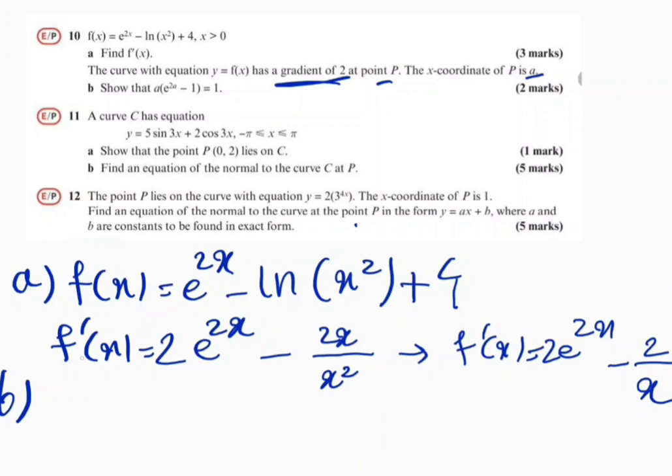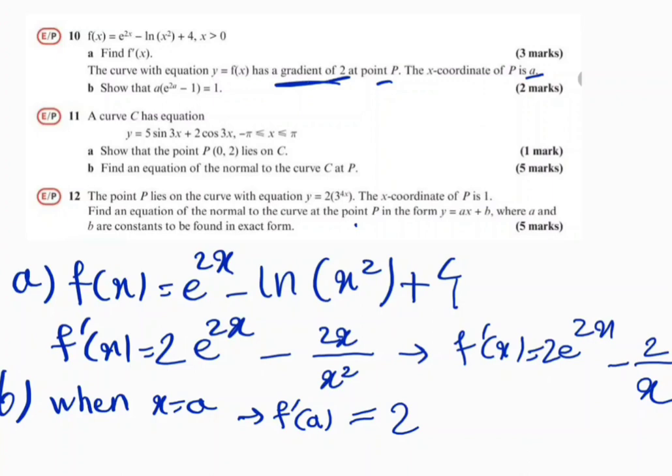So here we've differentiated this function, and here's the answer of that. And now that means that when x is equal to a, then f dash a, which means the gradient of the function at a, is equal to 2, because the question has given us the gradient.